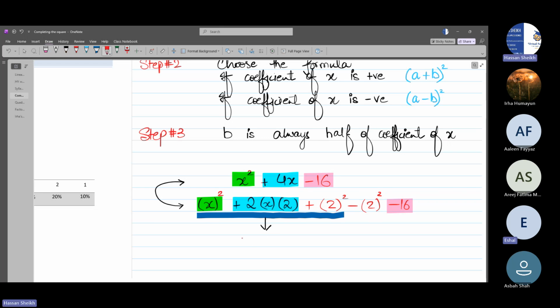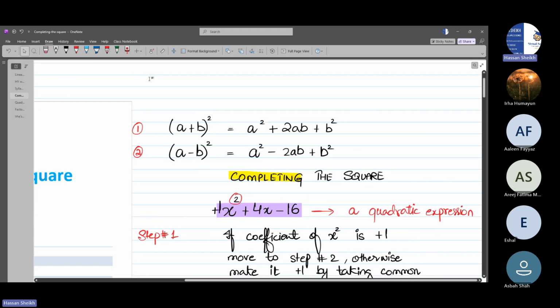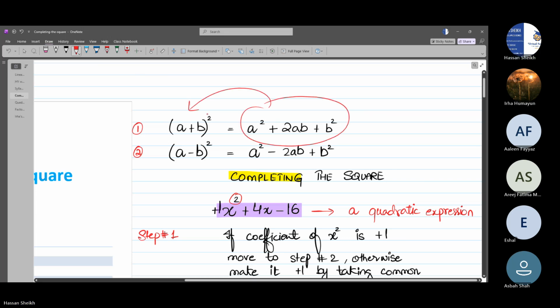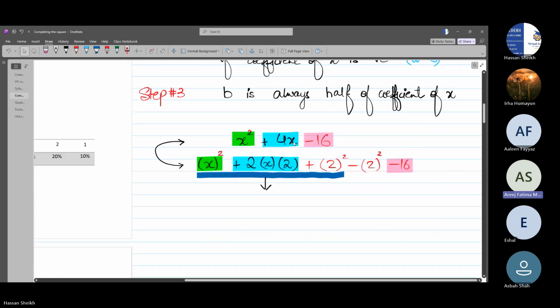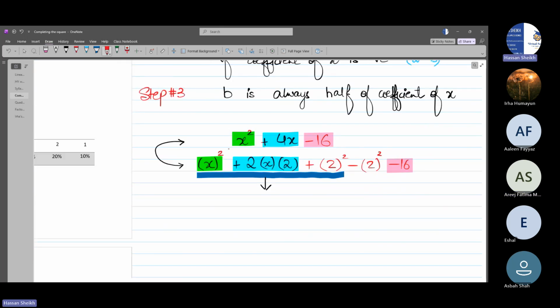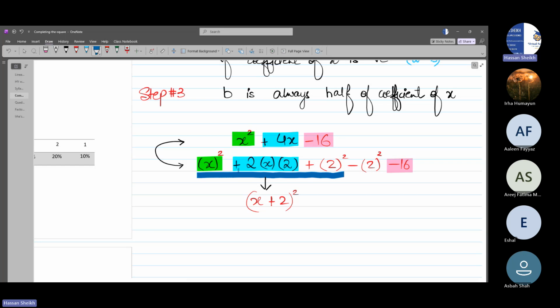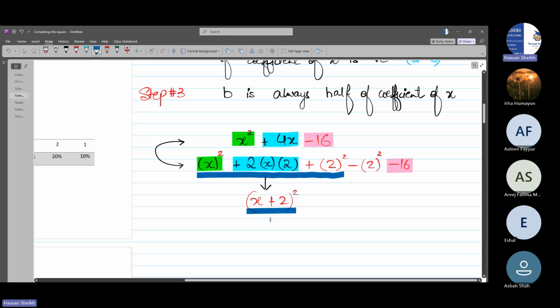And that can be written in its form. A square plus 2ab plus b square is equal to what? A plus b whole square, which means I can shrink it to a plus b whole square. Agree? This entire blue underlined would become this.